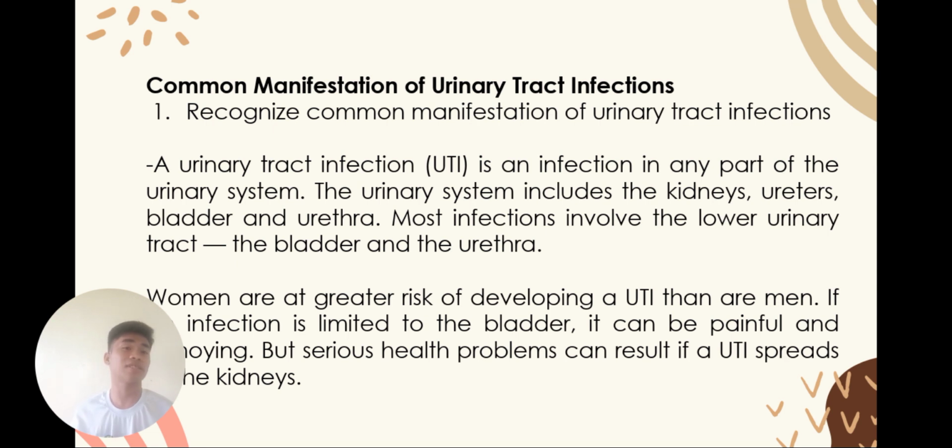The urinary system includes the kidneys, the ureters, the bladder, and the urethra. Most infections involve the lower urinary tract. We have the upper urinary tract and the lower urinary tract. In the lower urinary tract, we have the bladder and the urethra.